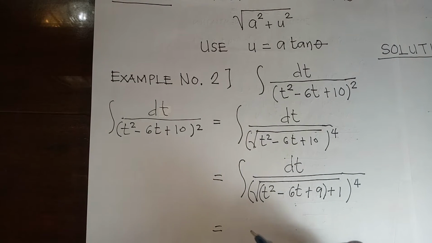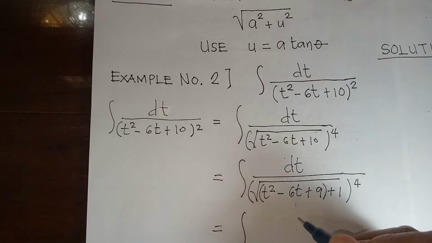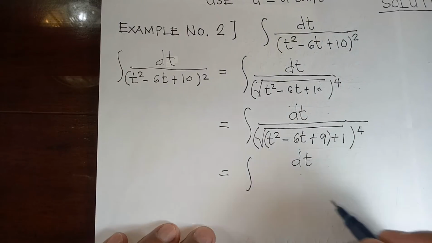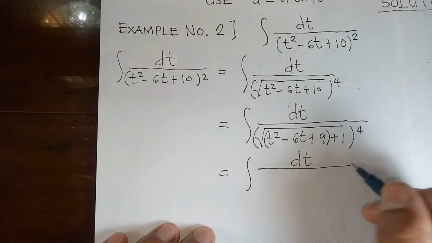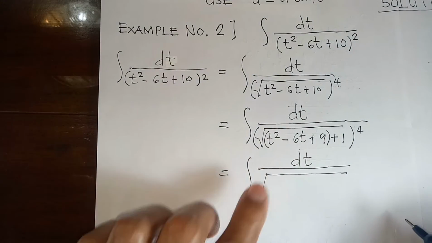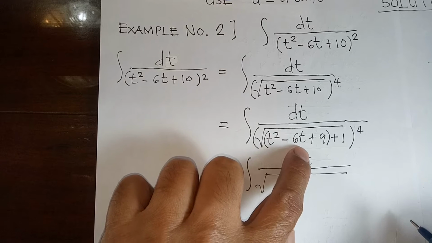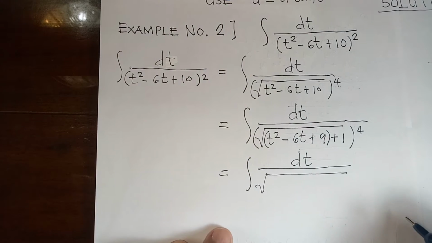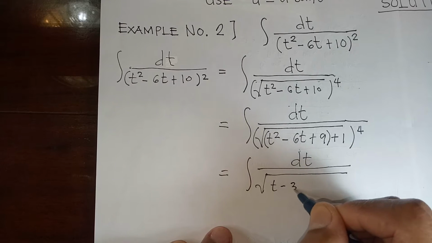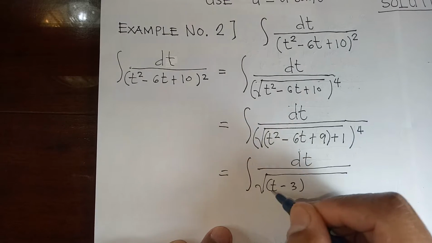So, magkakaroon tayo ng integral of dt divided by square root. Ang factor ng t squared minus 6t plus 9 ay t minus 3 squared.